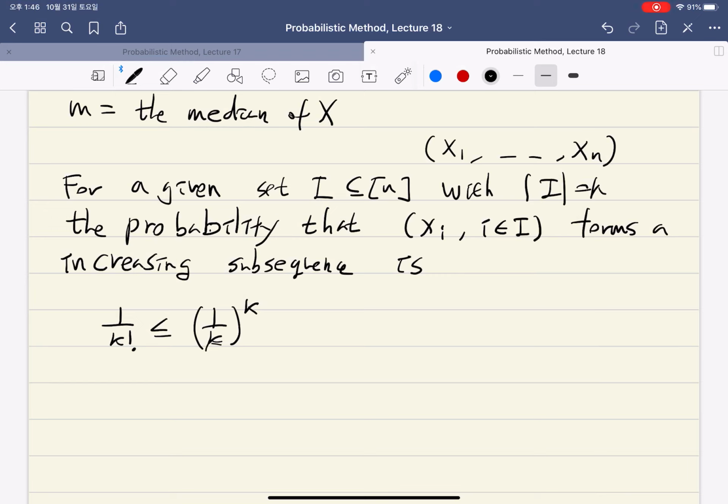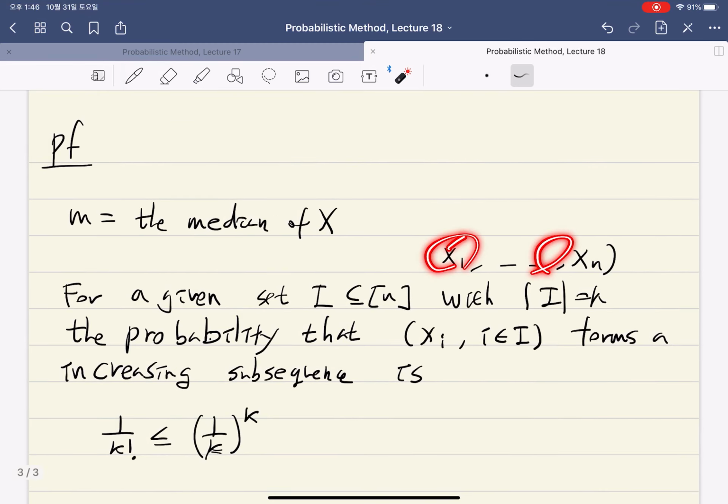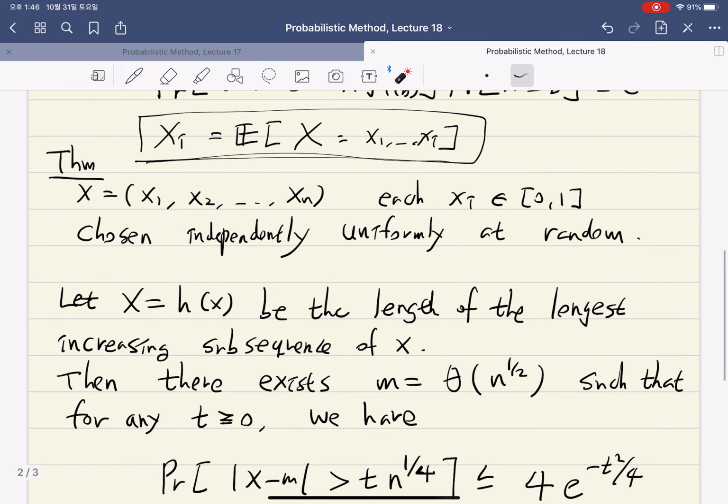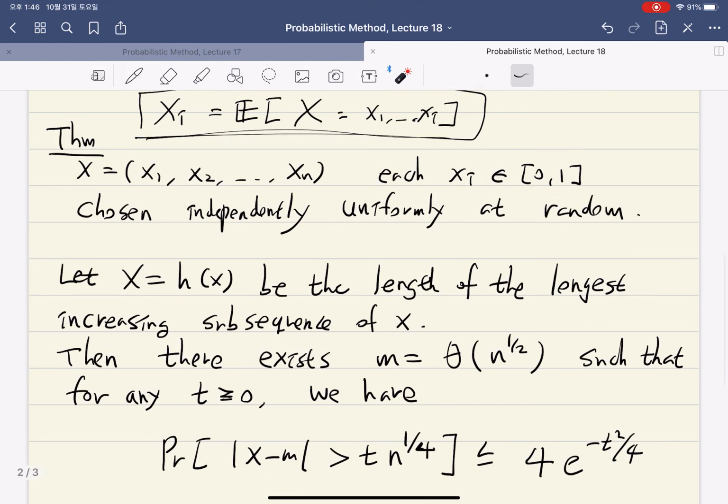This is because first, the probability that two of them have exactly the same value is 0, because we are choosing these numbers uniformly at random. The probability of getting a specific point is 0.